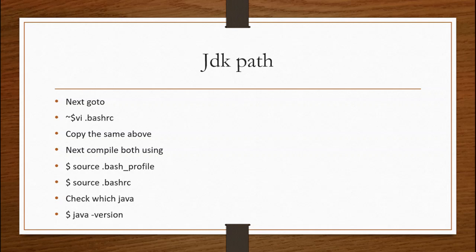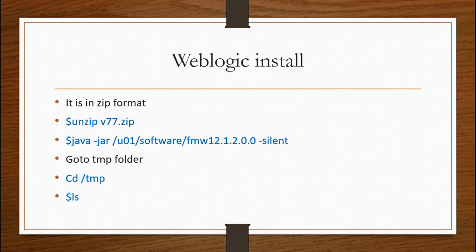Next, check the java version, because by default Oracle Linux has an open JDK, which is the developer side JDK. We are using the production side, that's why we are using the product-related JDK. The WebLogic installation steps are available on the Oracle website.